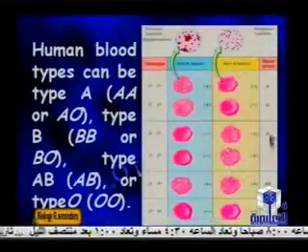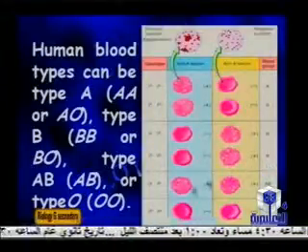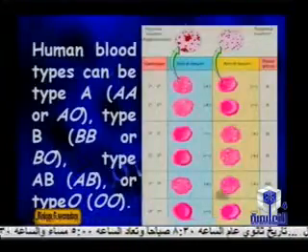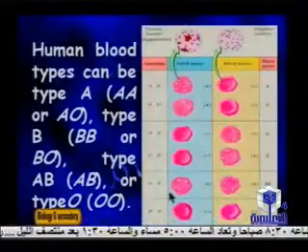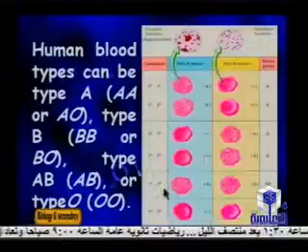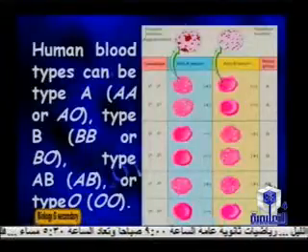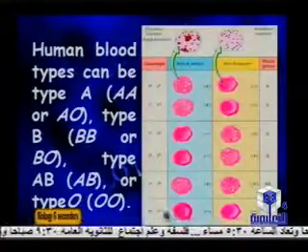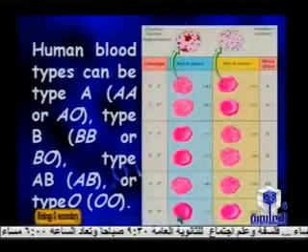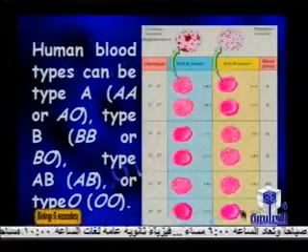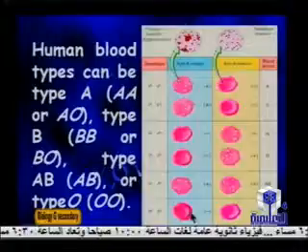That means this blood group is B. For blood group AB, there is agglutination with both because of the presence of antigen A and antigen B in this blood group. So the blood group here is AB. While in blood group O, there is no agglutination taking place, because of the absence of any antigen.